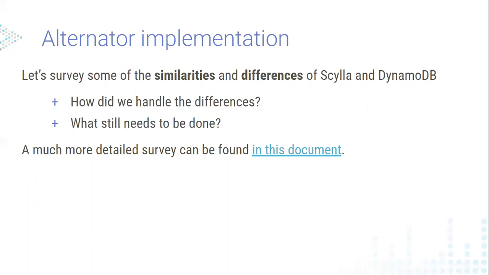It's not yet in an official GA version. There is a link here to our design document where you can see a lot more details about the differences and similarities between DynamoDB and Scylla.